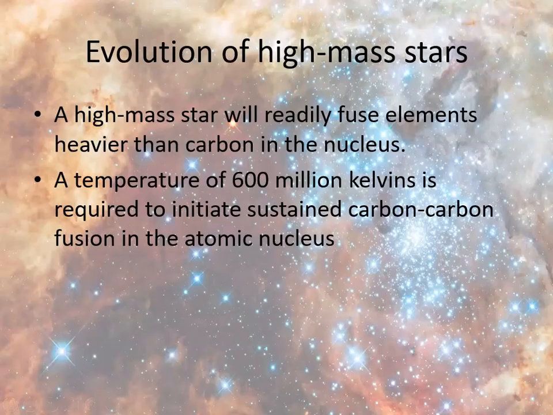Now, in terms of evolution and fusing of heavy elements, remember, a main sequence star, by definition, is fusing hydrogen into helium in its core. That's what we mean by main sequence star. The method it uses to do this, well, that really depends.